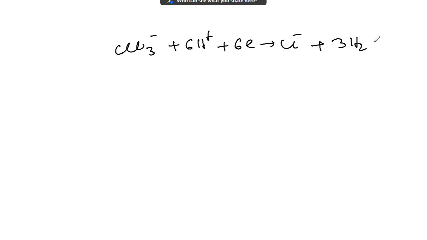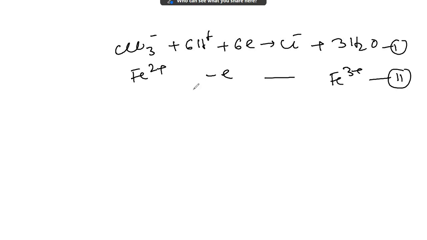It is ClO3 minus plus 6H plus plus 6e gives Cl minus plus 3H2O. Now Fe2 plus loses 1 electron, forming Fe3 plus. Now 6 electrons are accepted and 1 electron is rejected, so multiply this equation by 6.